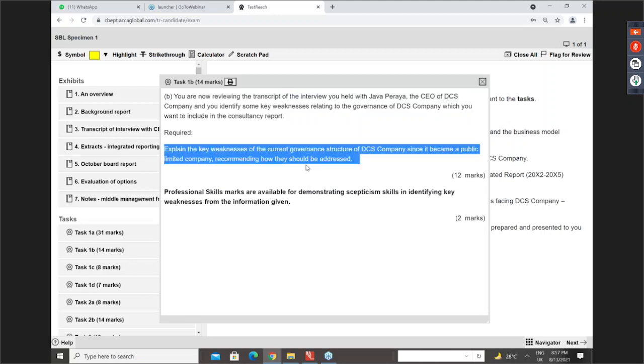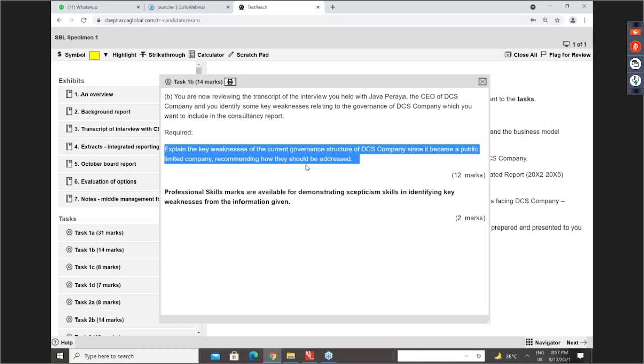Required: explain the key weakness of the current governance structure of DCS company since it became a public listed company, recommending how they should be addressed.